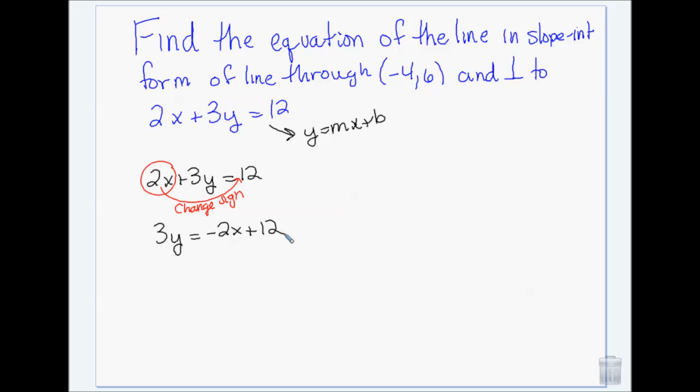But I still need to get rid of that 3, so I'm going to divide by 3. And that's going to be y equals -2/3 x plus 4. So m is -2/3.